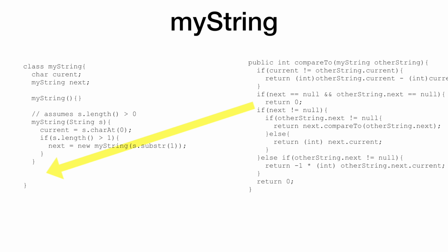Now, the other thing we did was we wrote a compare to function. So if you remember what string compare to does, it returns a number that's greater than 0, right?